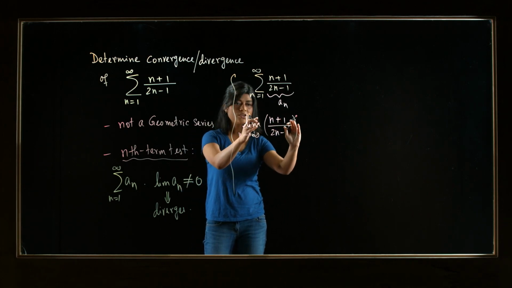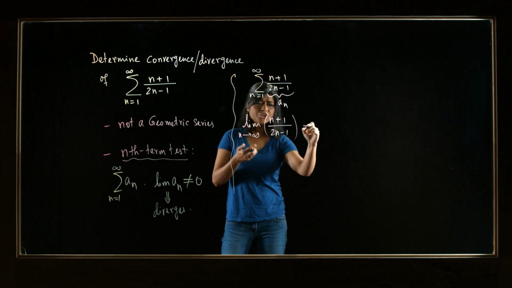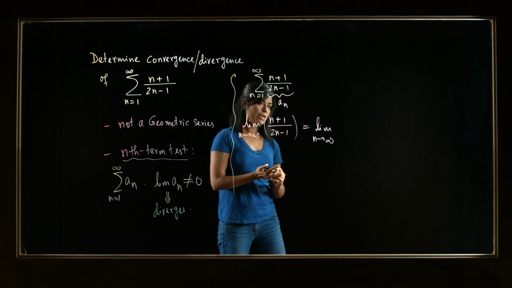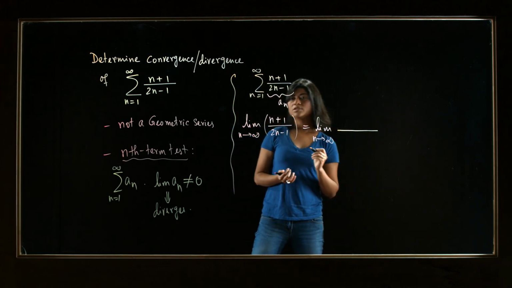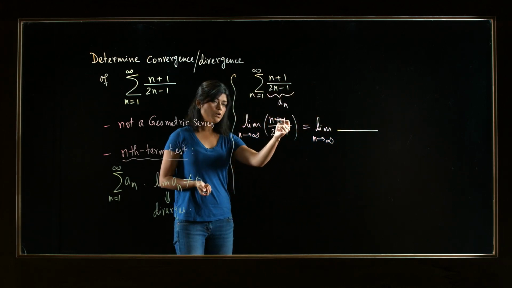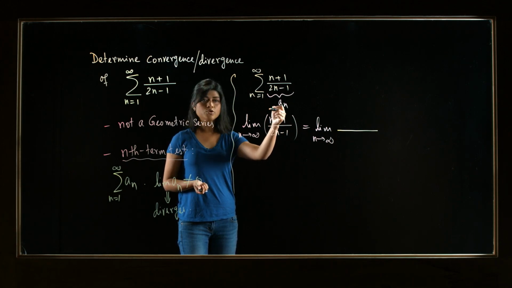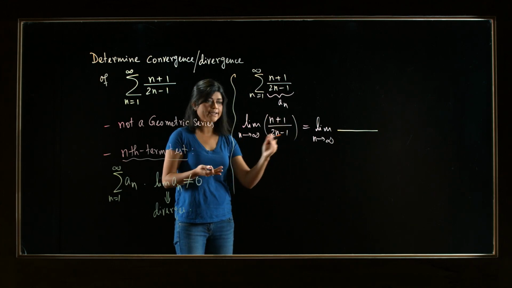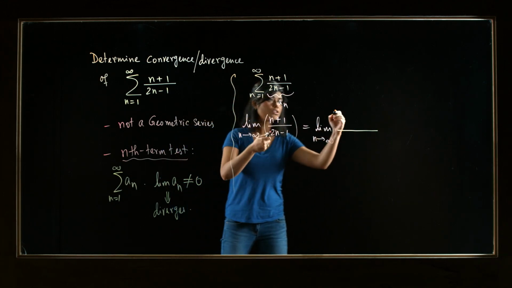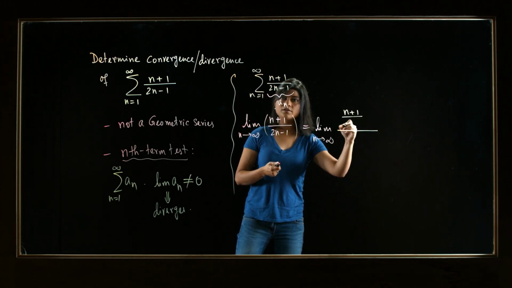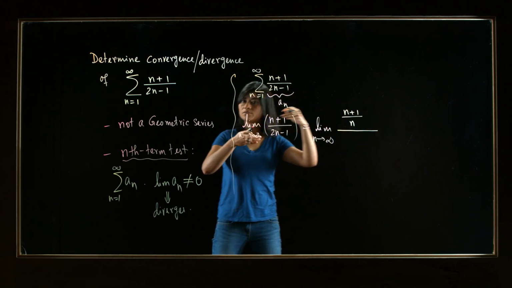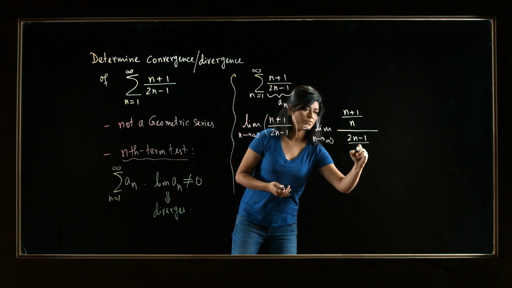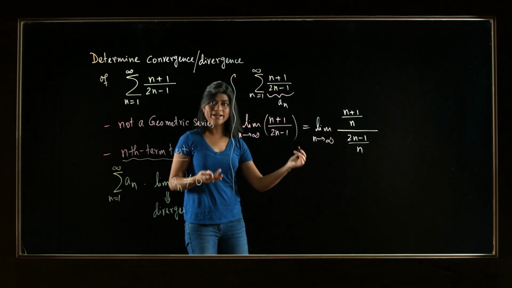This is actually a rational function. And recall, when you have rational functions, there's one way we can evaluate this limit. Look at the highest power of n, both in the numerator and denominator, and it's 1. n has the power 1, that's the highest. Now divide both numerator and denominator by n to the highest power, which is 1. So let's do that. We're dividing both numerator and denominator by n.